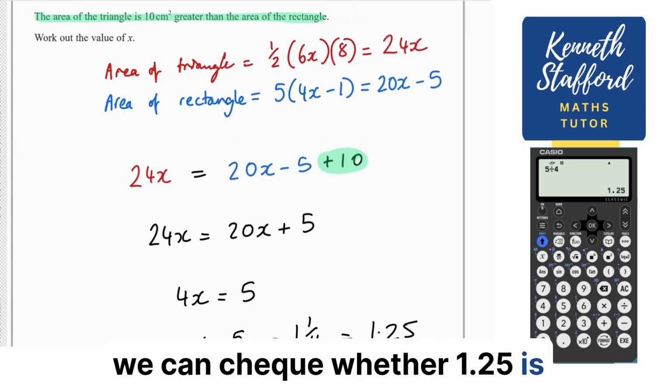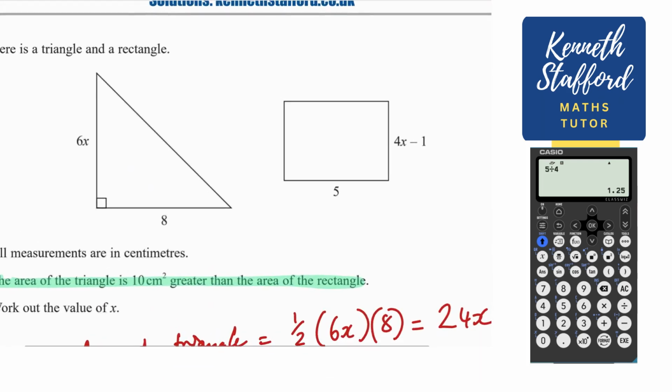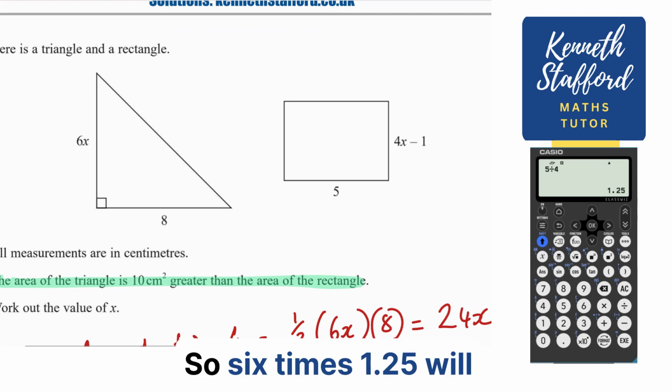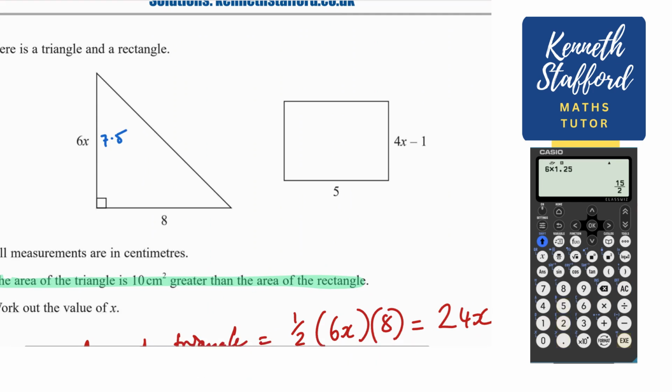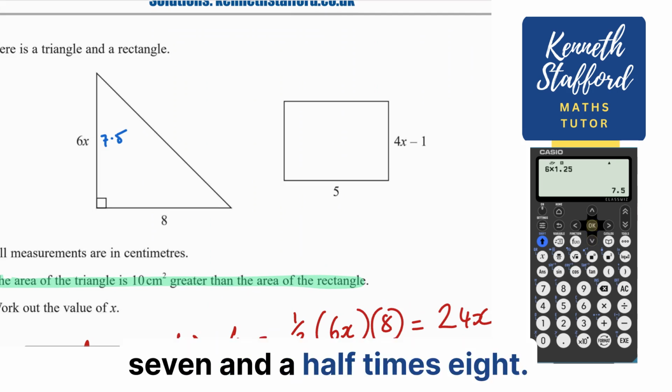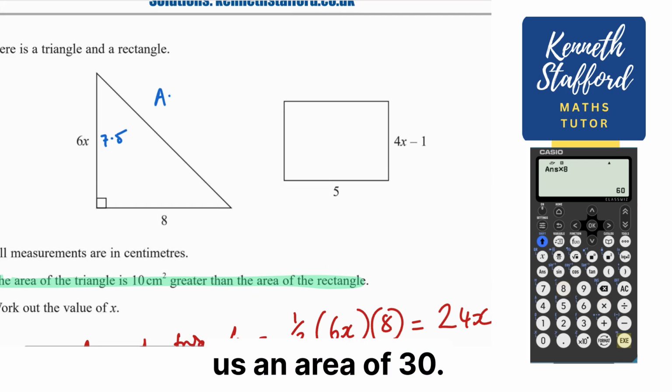Now we can check whether 1.25 is correct by substituting back in up here. So 6 times 1.25 will be 7.5. Let's just check that. Yeah, 7.5 times 8 and then halved gives us an area of 30.